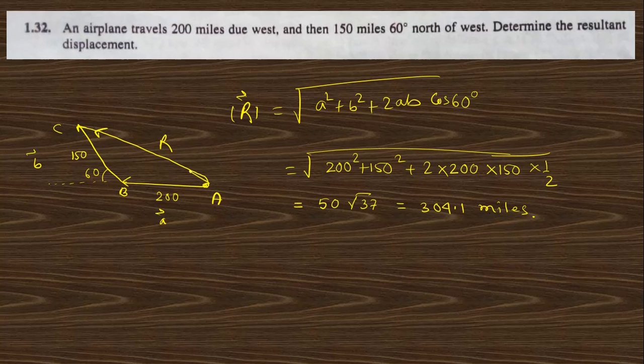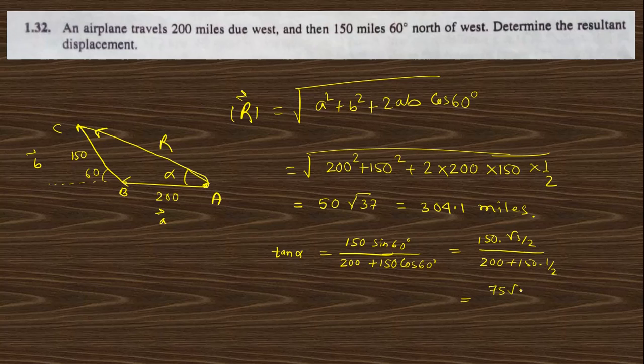And if you want to find the angle alpha, tan alpha is 150 sin 60 degrees over 200 plus 150 cos 60 degrees. Sin 60 is root 3 by 2, and the denominator is 200 plus 150 into half. This is nothing but 75 root 3 by 275.